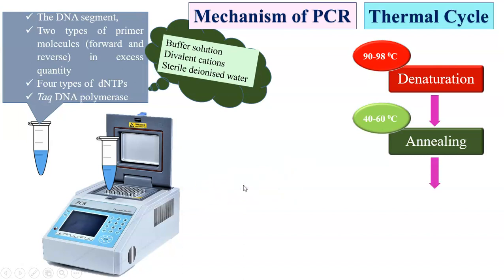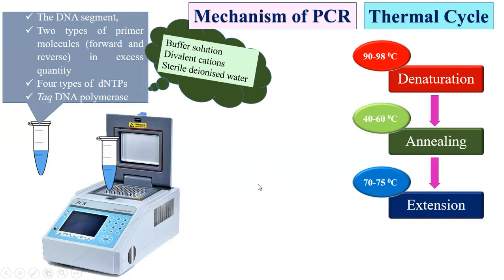And then again, third step, rise in temperature, 70 to 75 degrees Celsius. The step is called extension or polymerization. And here the Taq polymerase connects the fresh deoxyribonucleotide phosphate molecules and the double-stranded DNA gets formed.